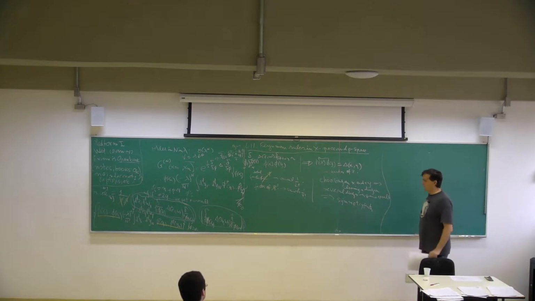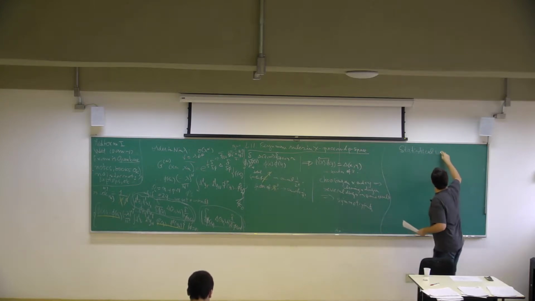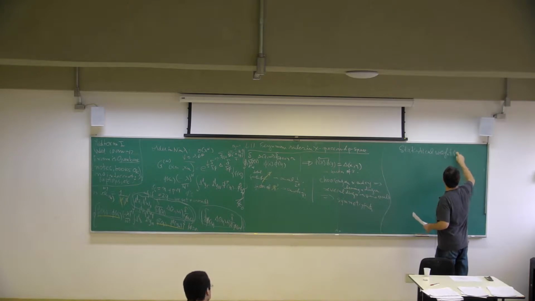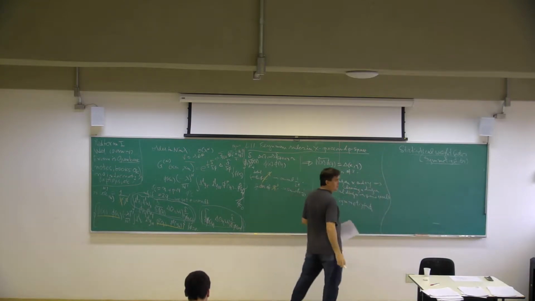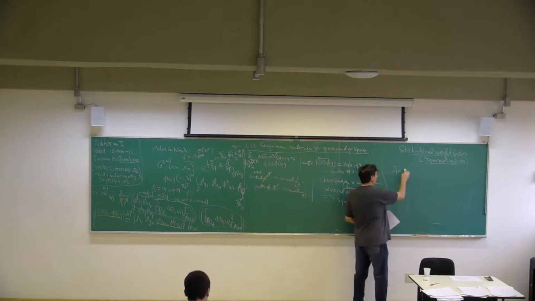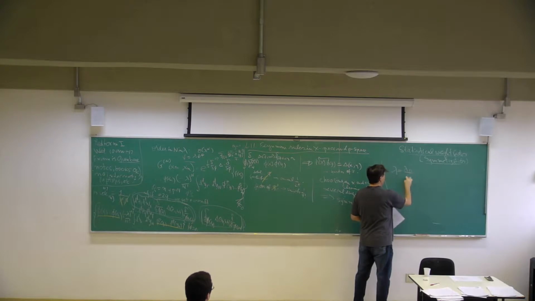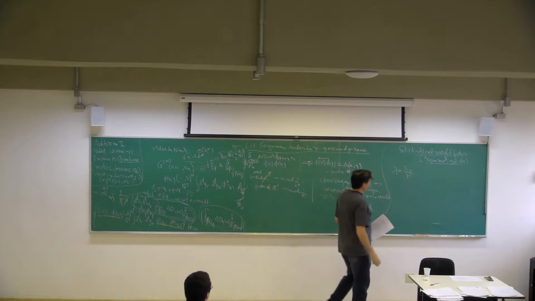This is also called the statistical weight factor. Like we discussed in the operator formalism, the way to think about it is to redefine lambda as lambda p over p factorial.